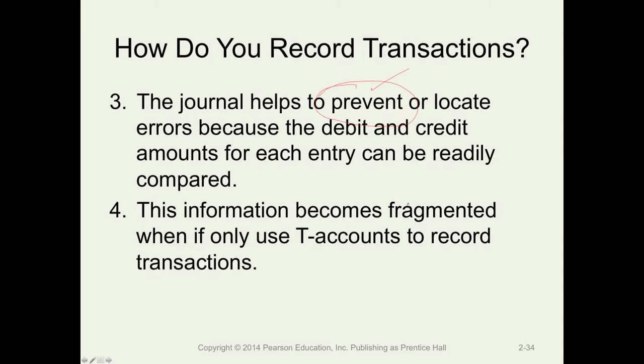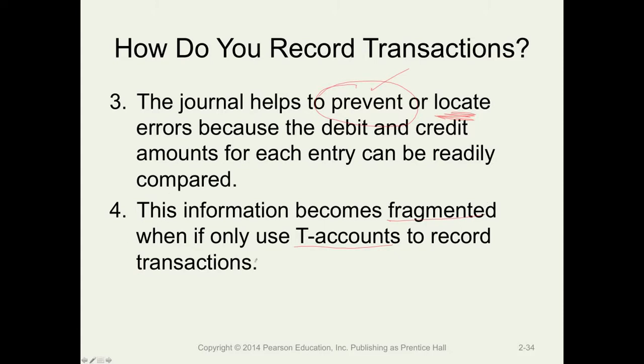If you make a mistake, you go back, you've got the transaction in chronological order, and you can see whether the accounts were incorrect or whether the amounts were not correct, or maybe the debits didn't equal credits in that entry. This is a benefit over the T accounts because the T accounts are fragmented.